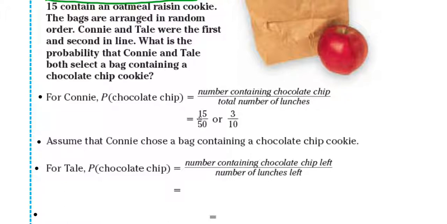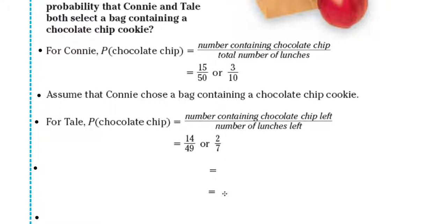So it's not anymore 50 lunches, it's not anymore 15 bags. Let's say Connie chooses one, this becomes 14 bags, and the total number of lunches will be 49 bags. So it'll be 14 over 49, or 2 over 7.